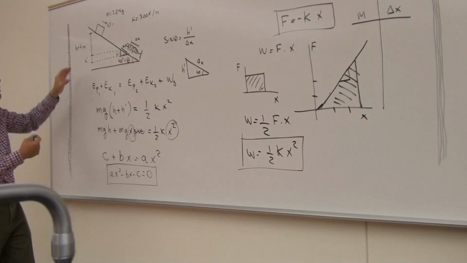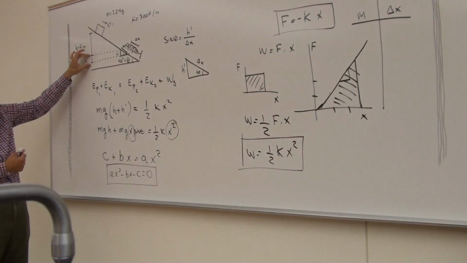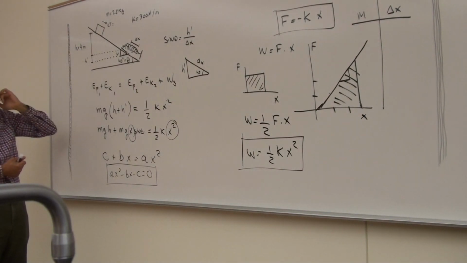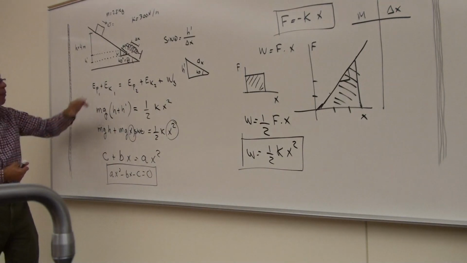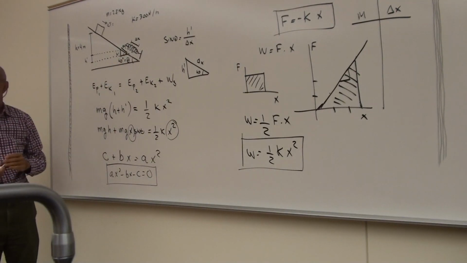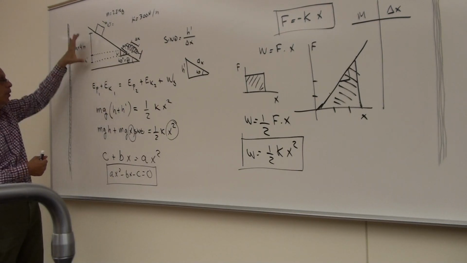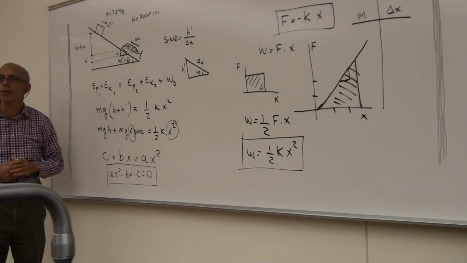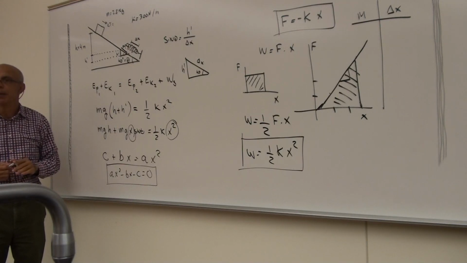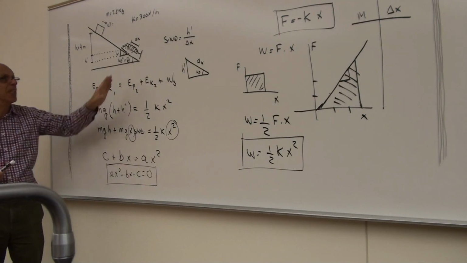So I can relate this height here, right? There's a potential energy here up to this point. So all the potential energy is being converted into the compression, the elastic potential energy.